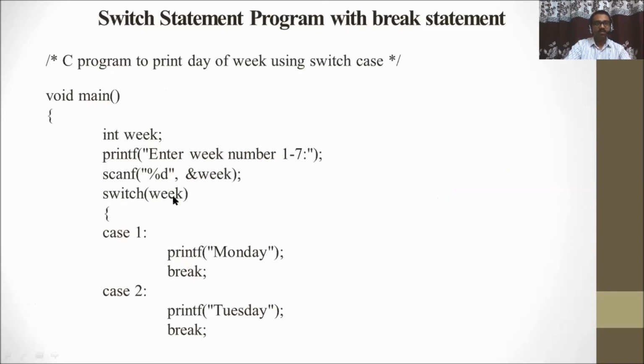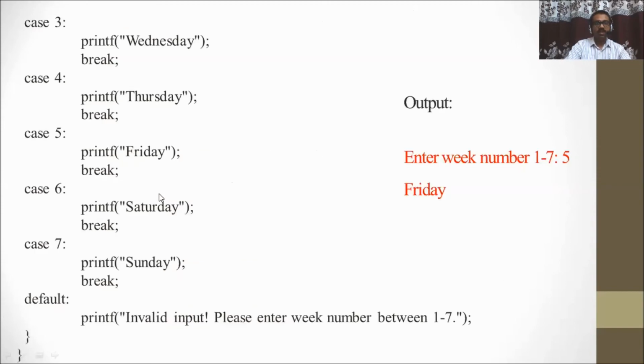The switch statement switches directly to case 5 and executes the statement that prints Friday. The break keyword then breaks out of this program, meaning the program will exit, so the next cases will not be printed.